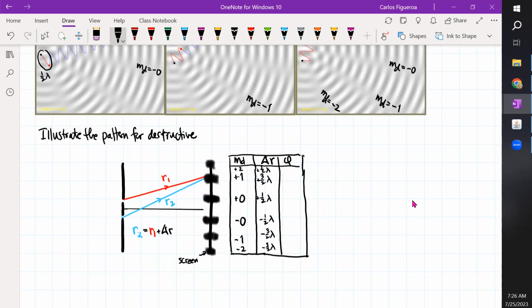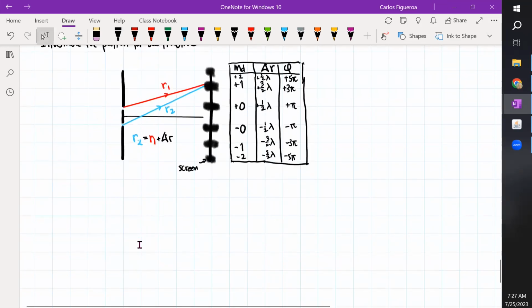And then the phases are odd multiples of pi. So this would be plus pi, minus pi, plus 3 pi, plus 5 pi, minus 3 pi, minus 5 pi. So the organization looks like that for destructive interference.